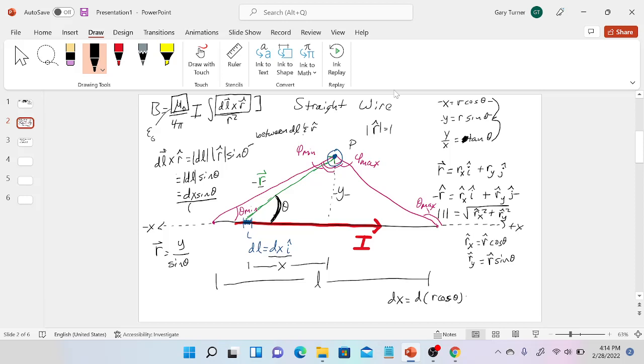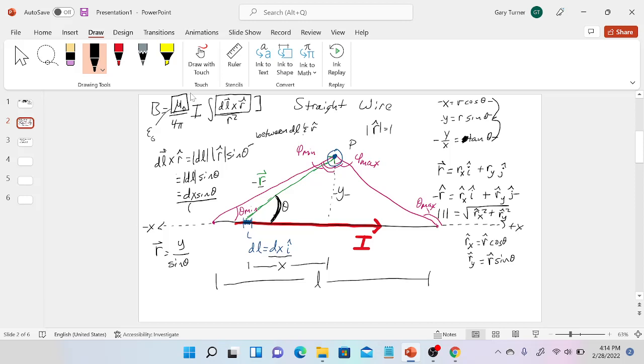So then this would technically be dr cos theta minus r sine theta d theta. And that's nasty. I don't want that. And r depends on x anyway. So you're really taking a differential of something that you're trying to integrate over, and that's just nasty. So we don't want to use that. We want to use things that have constants in them if we can. And that's where this tangent function is going to come in.